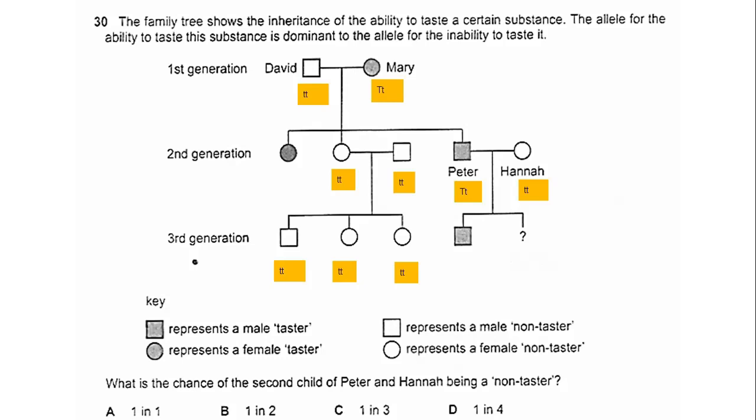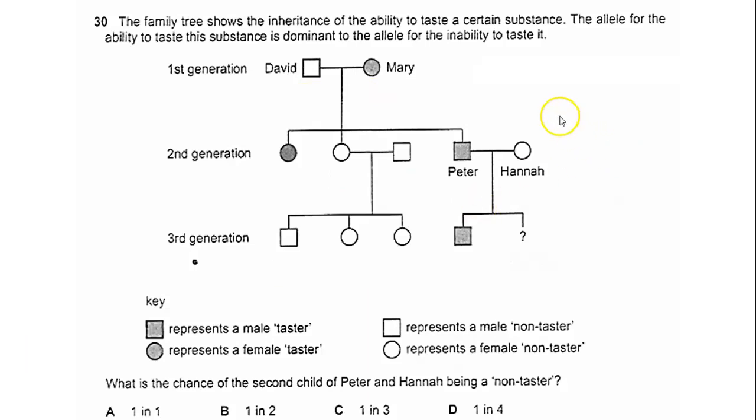Let's see the question that he's asking. What is the chance of the second child of Peter and Hannah being non-tasters? For a person to be a non-taster, this person has to be homozygous recessive. Let's do the Punnett square.